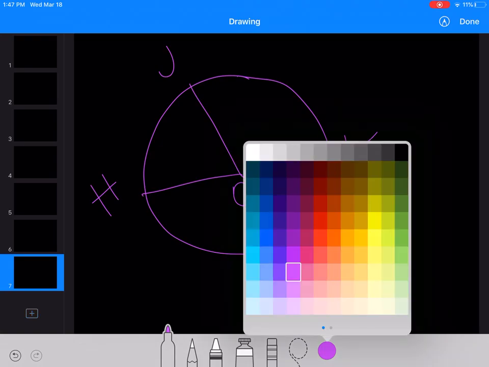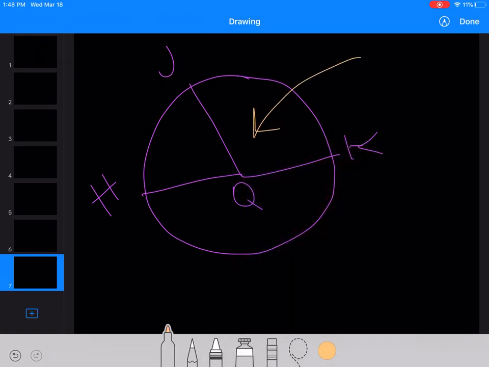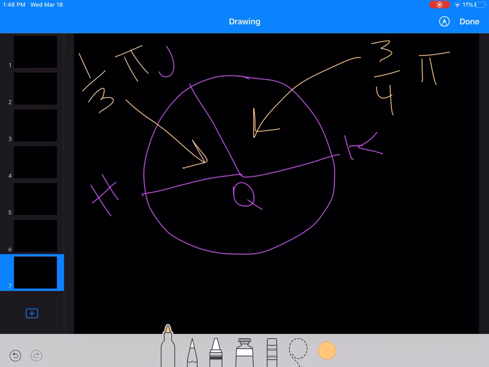We're given the central angle in radians, which is 3 over 4 pi. This is given to us as 1 over 3 pi in radians. And we know that r is 5. Okay, so let's figure out what the length JK is.